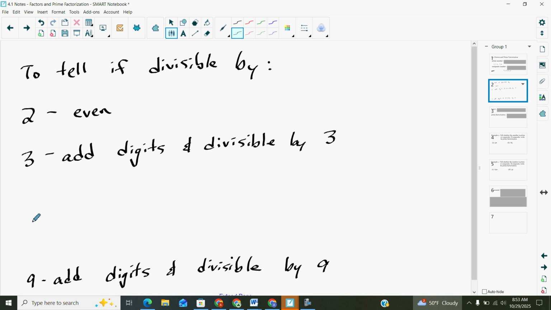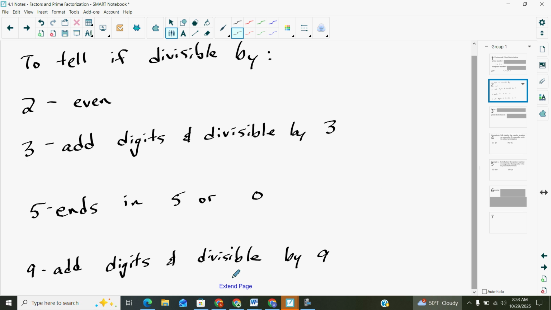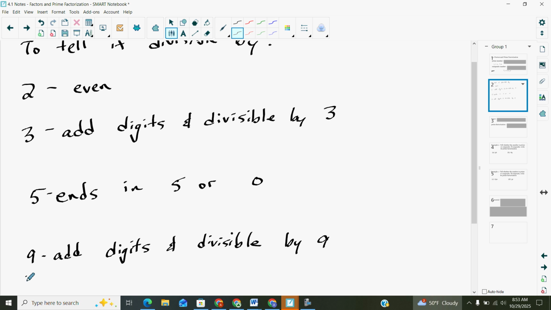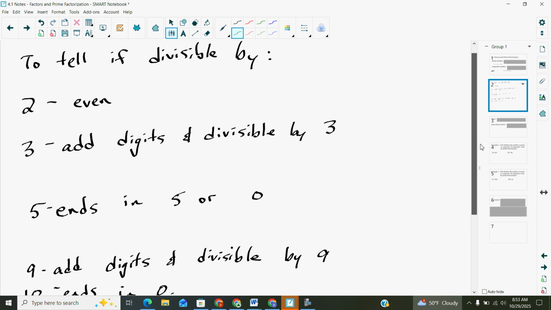The other primary one is 5. Divisible by 5 if it ends in 5 or 0. And 10 if it ends in 0. Those are the big ones that you should know.